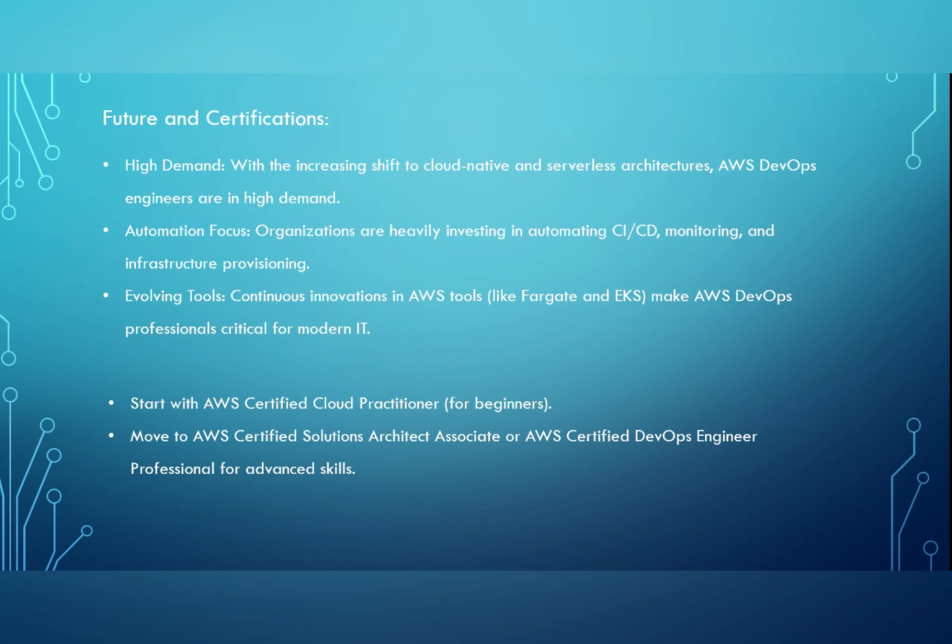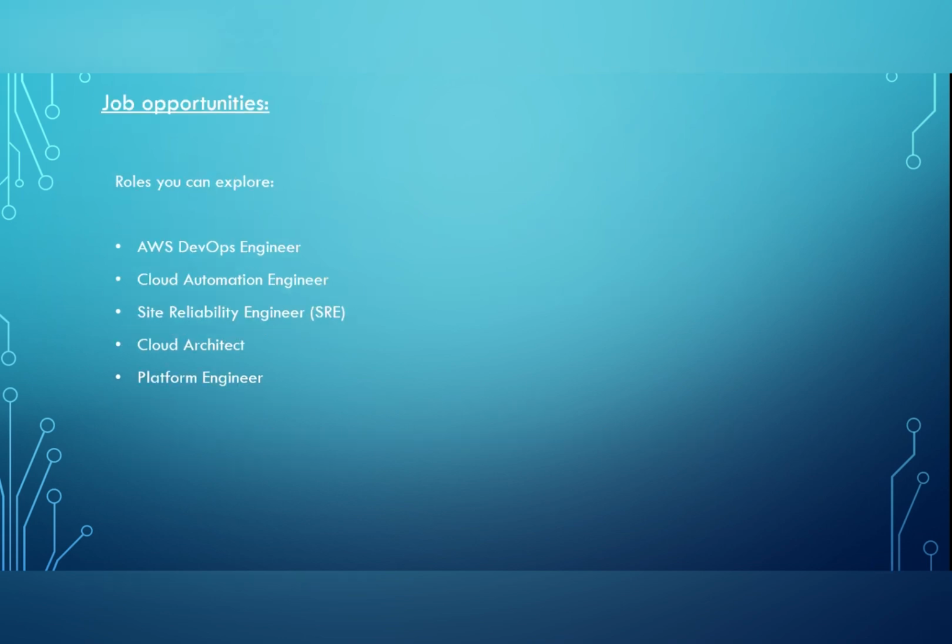And if you ask me what the salary expectations are for AWS DevOps engineers, sorry, before that, it will be job opportunities. There are a number of different roles and different companies hiring for AWS engineers. These are the different roles you can expect in the IT market: AWS DevOps engineer, cloud automation engineer, site reliability engineer, and cloud architect or platform engineer.